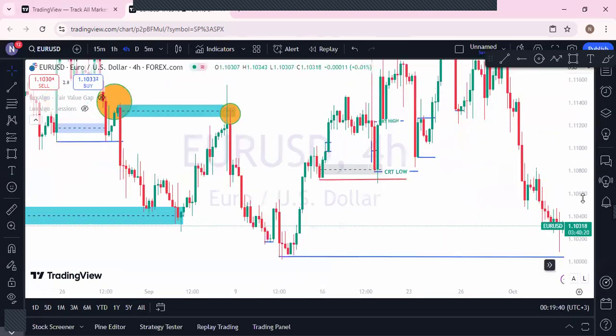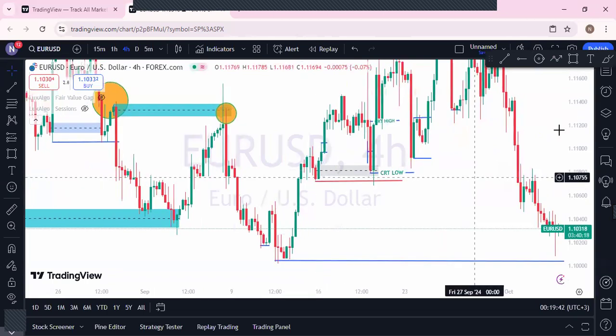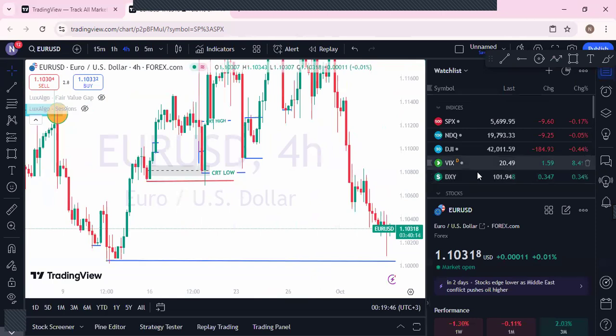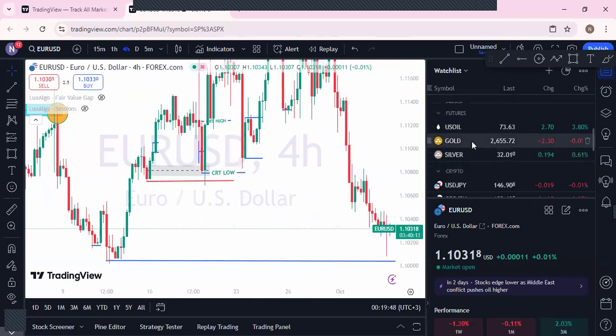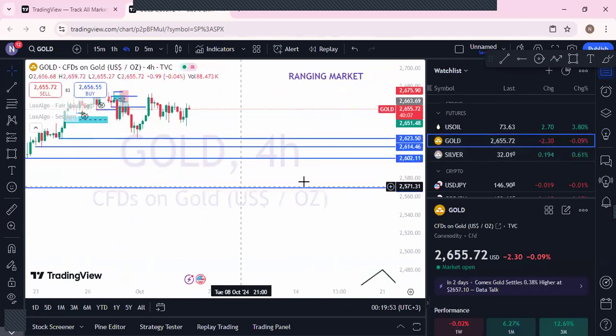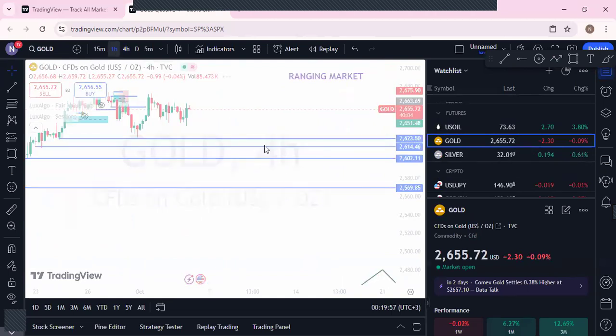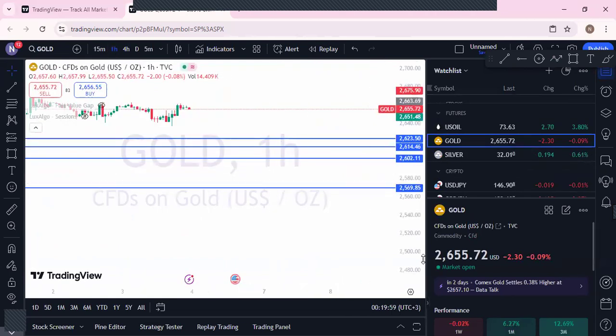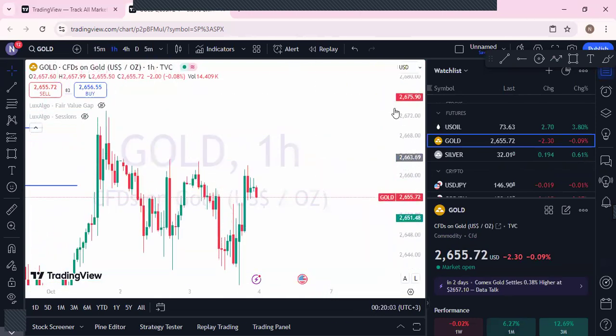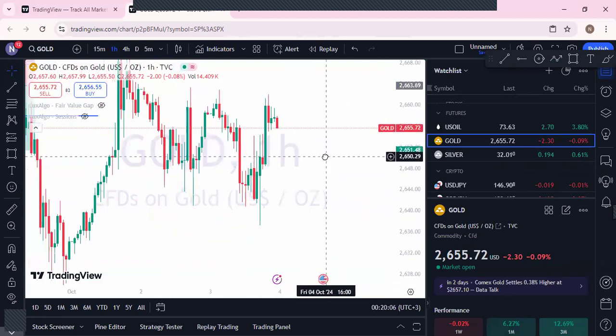We have so many opportunities in the markets. I want to show you exactly the one used in gold. The CRT candlesticks can be used in either synthetics or forex markets, and all of that.